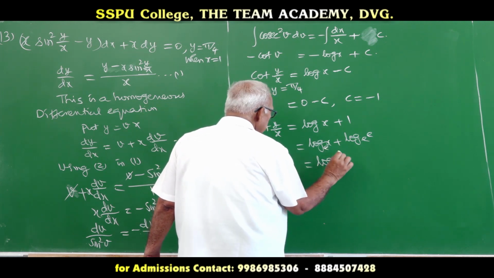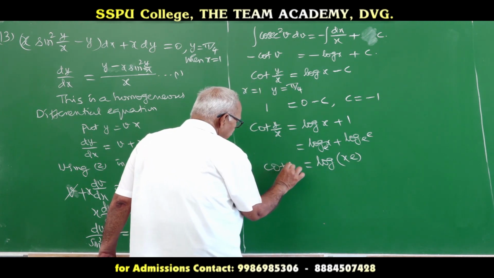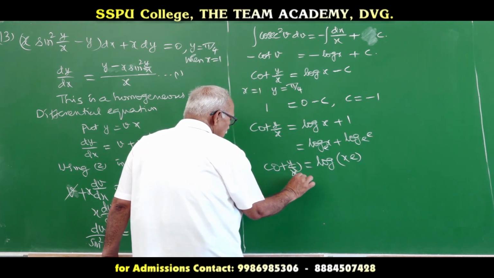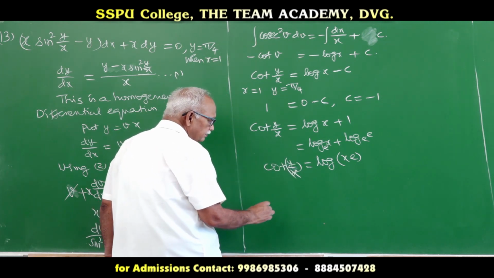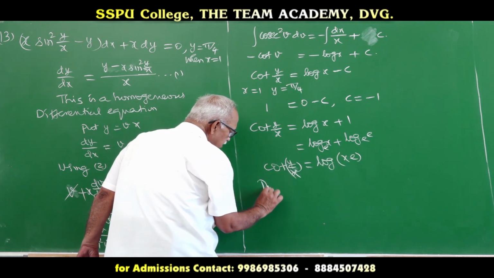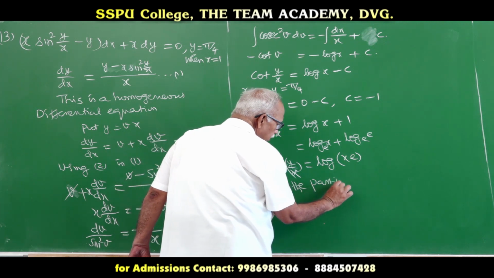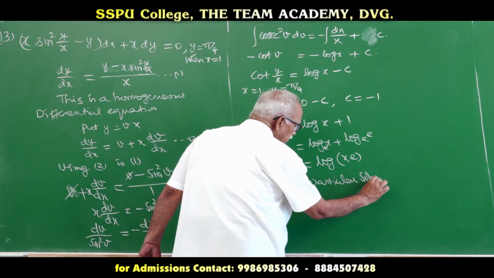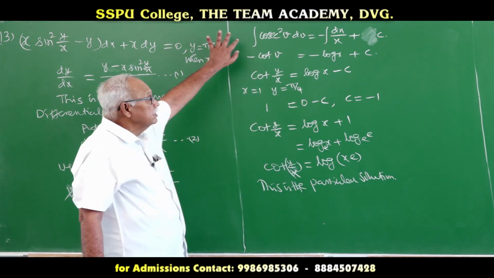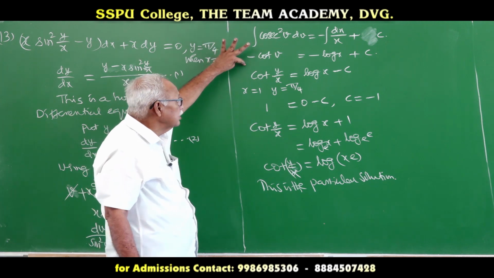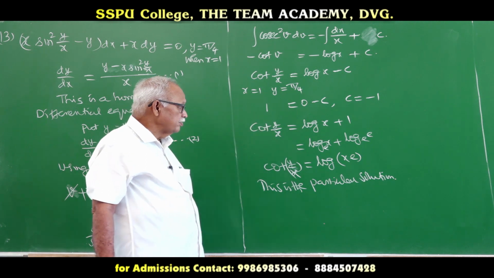So we can write this as log x into e. Cot y by x is equal to log of x into e. This is the particular solution. See, the integration of integral cosecant square v is minus cot v, that is cot y by x, is equal to log x minus c, and c is equal to minus 1.